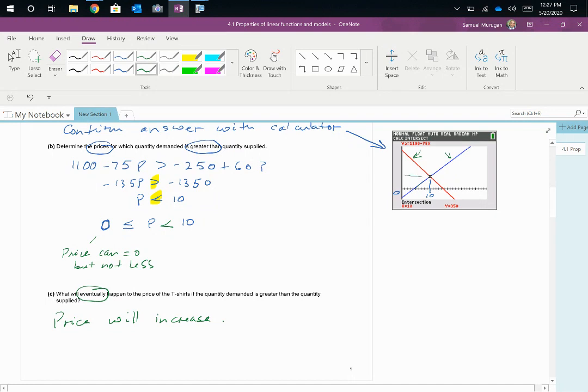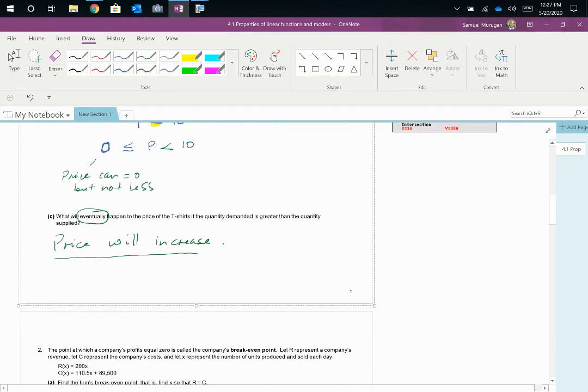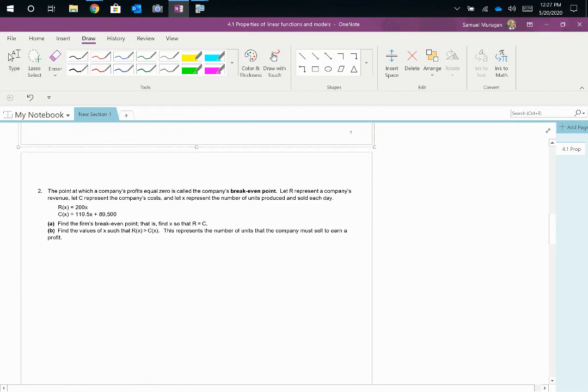Okay. But as that continues, the market is going to have a shortage and the price will increase. Kind of a common sense question, yeah? All right, moving right along.